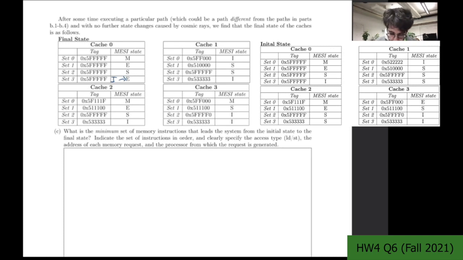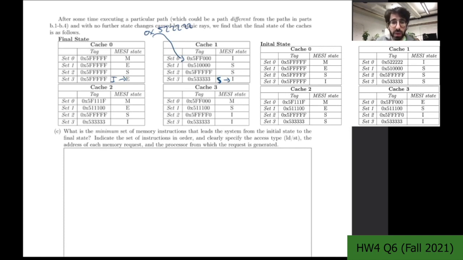For cache 1, in set 0, previously we had another tag, and in set 3, previously we had a shared state.